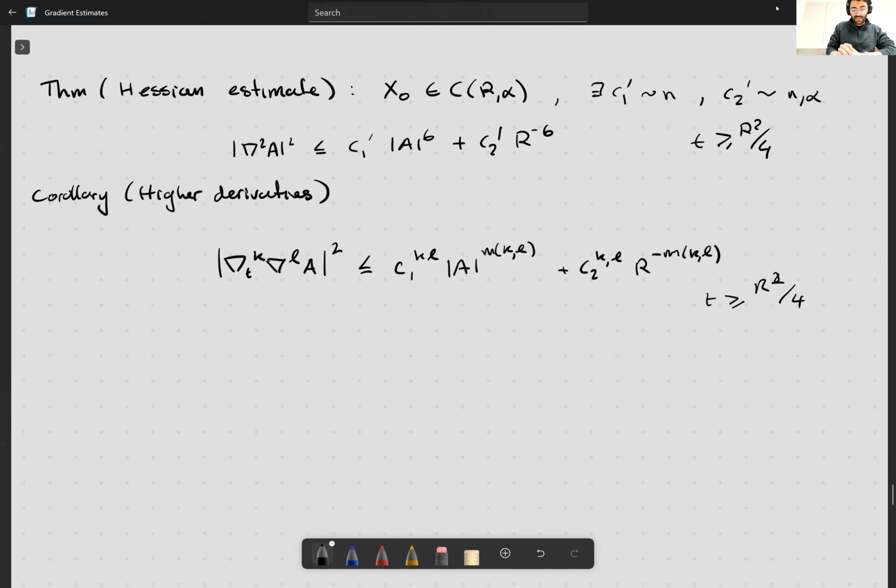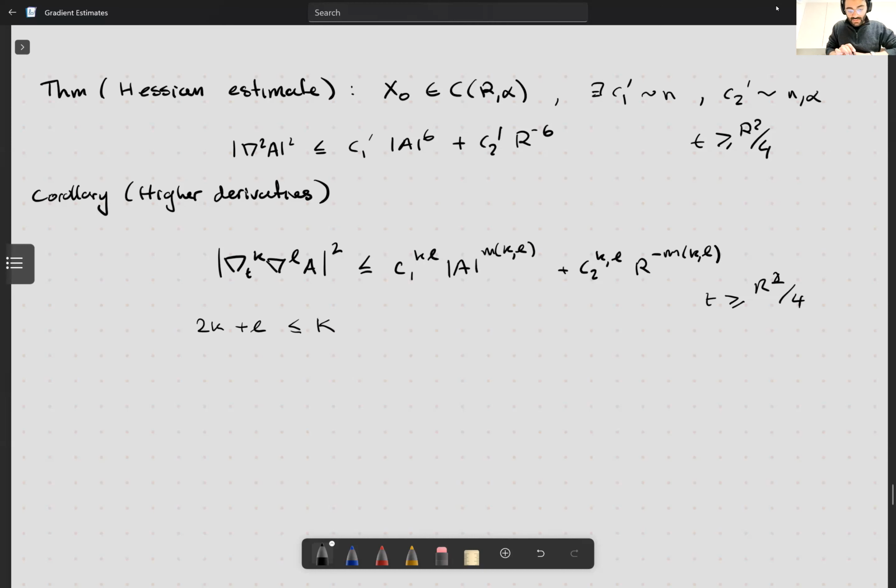So in the presence of surgery, something like this only holds for 2k plus l less than some constant. And if you're just in the smooth part of the flow, then this holds for all k and l.